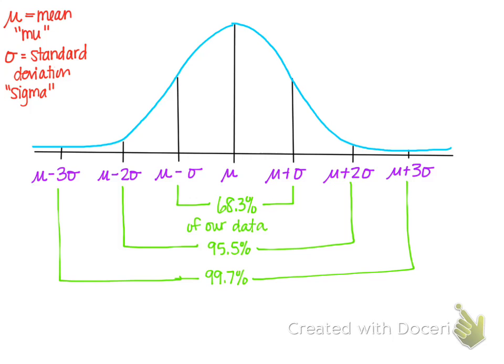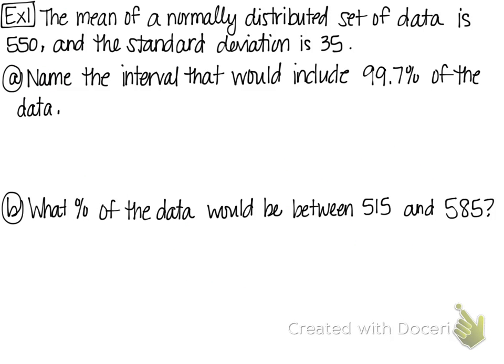So let's talk about our first example. It says the mean of a normally distributed set of data is 550 and the standard deviation is 35. If it's got a normal distribution, it'll tell you that it's a normal distribution. It says, name the interval that would include 99.7% of the data.